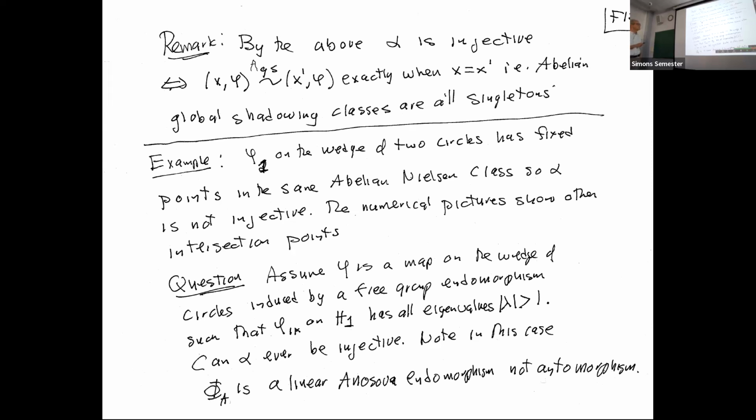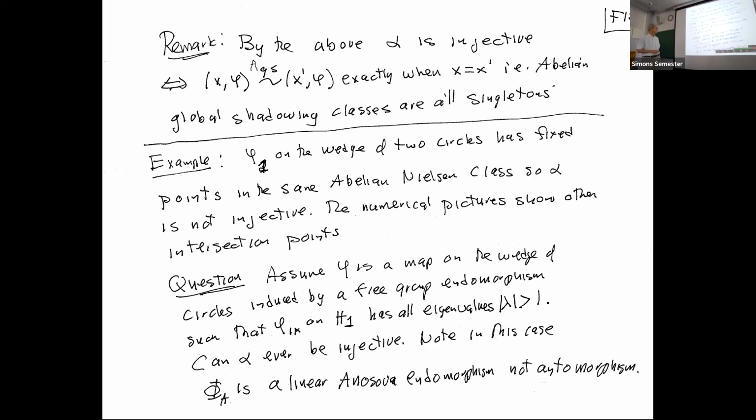So alpha is injective if and only if there are not two points which globally shadow in the universal abelian cover. The thing about pseudo-Anosovs is they definitely won't shadow in the universal cover because you have expansion and contraction there. So this is just reframing the question in terms of abelian Nielsen equivalence.